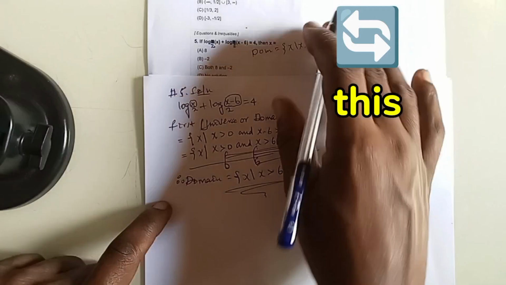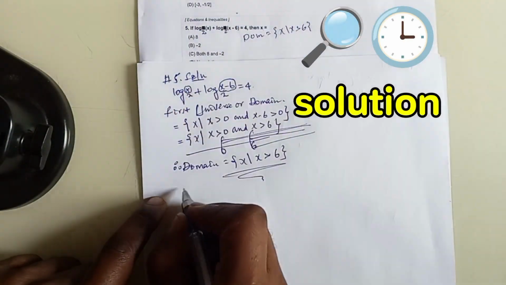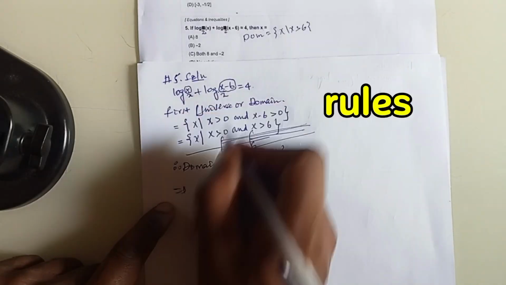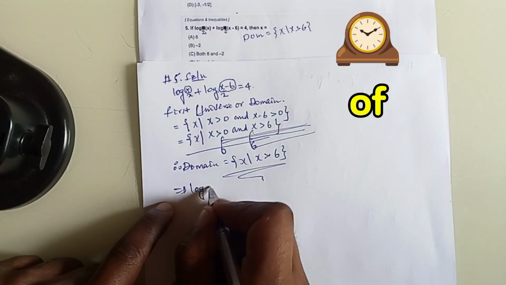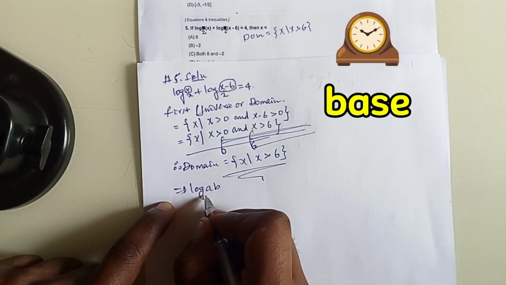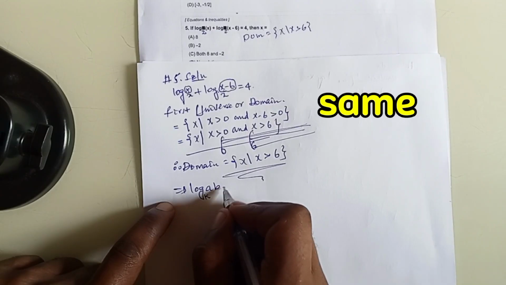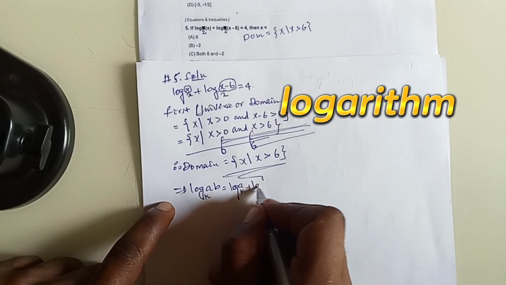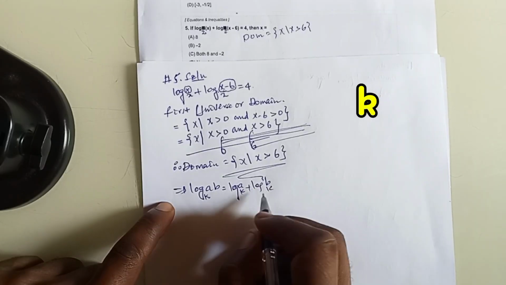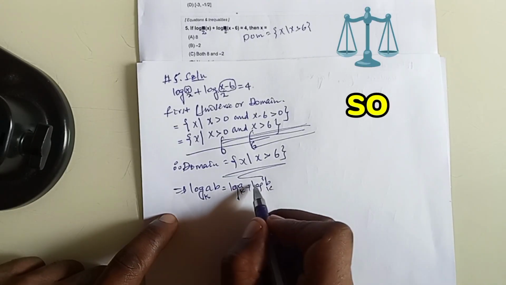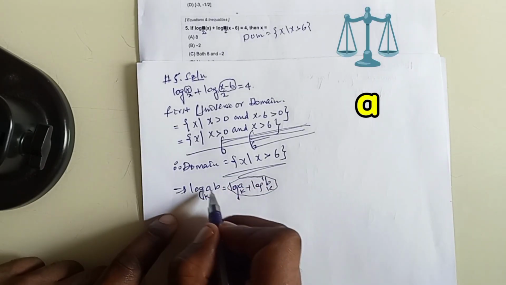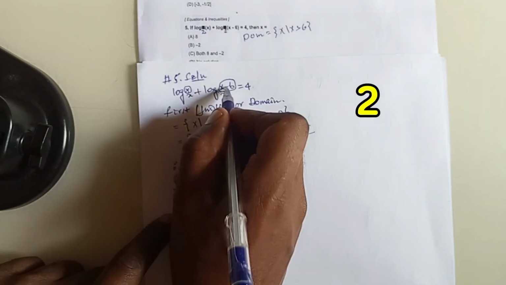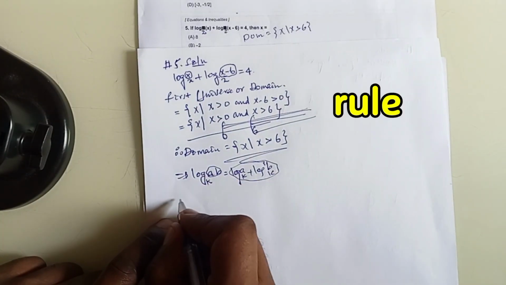To find the solution, now we are going to use the product rule. The logarithm of a times b to the base k is the same as the logarithm of a to the base k plus the logarithm of b to the base k, by the logarithm law. So we can multiply these two by changing into the product rule.